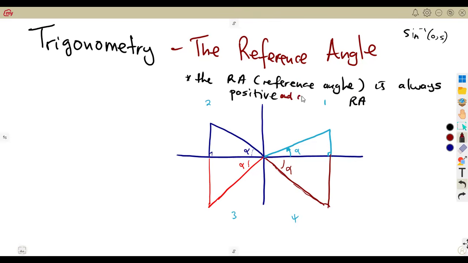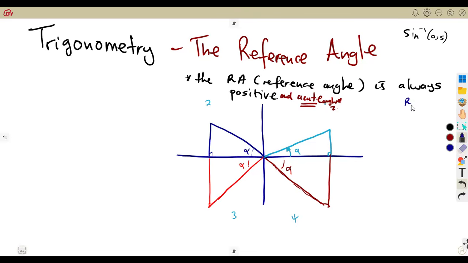We're not supposed to leave that part of acute. So we are simply saying it's an acute angle, which is positive.